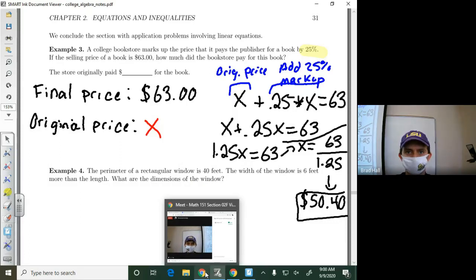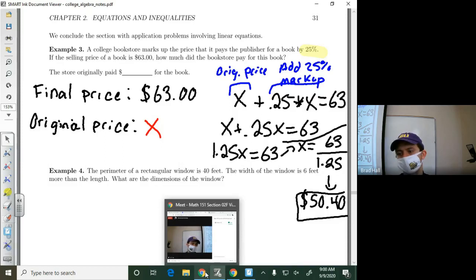So that was the original price that the publisher received, or that was the original price that the bookstore paid for the book from the publisher. And then for the bookstore to make some money, they marked up the price by 25%. And so 25% of $50.40, marking that up by the 25%, that is $63.